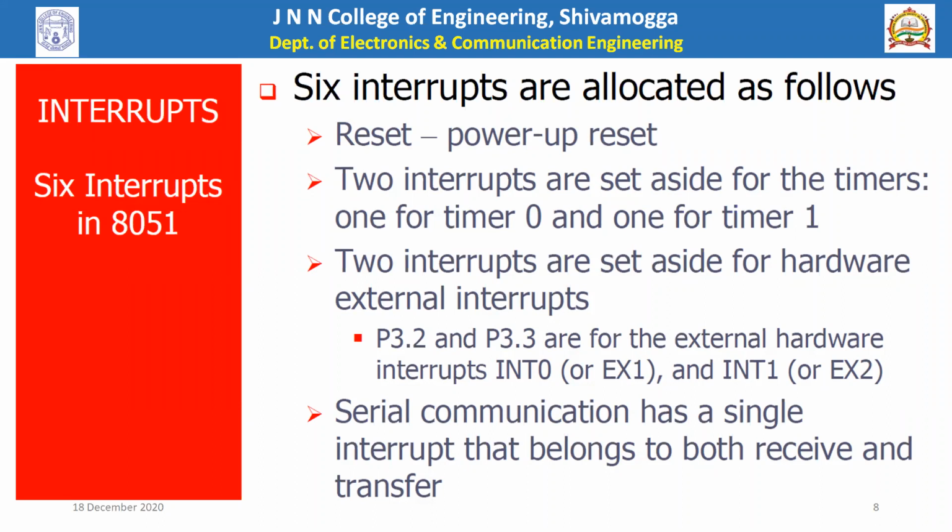Serial communication has a single interrupt that belongs to both receive and transmit. So totally how many interrupts are there? 6 interrupts. 1 is for reset, 2 are for timers, 1 is for serial communication, and 2 are external interrupts, INT0 and INT1.